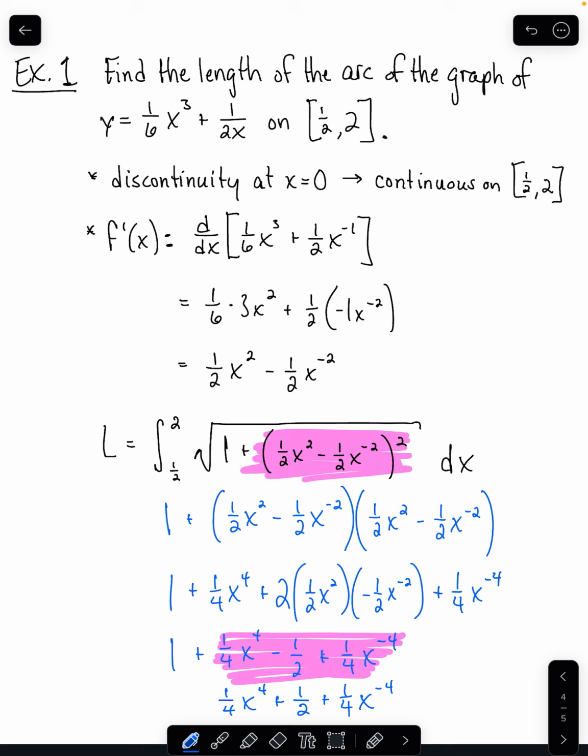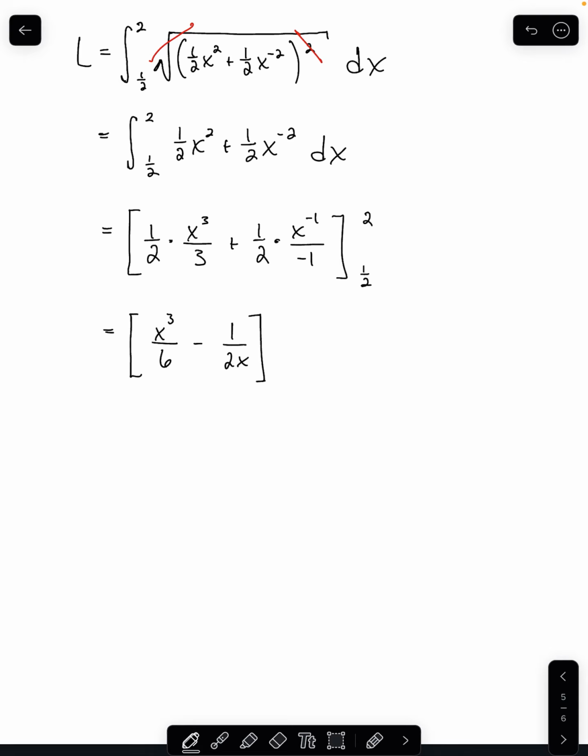Note that this does appear to be very similar to the original function, but it is not exactly the same. The original function was x cubed over 6 plus 1 over 2x. The algebra involved in rewriting the integrand resulted in an antiderivative that is not exactly the same as the original function. So while it is similar, it is not exactly the same.